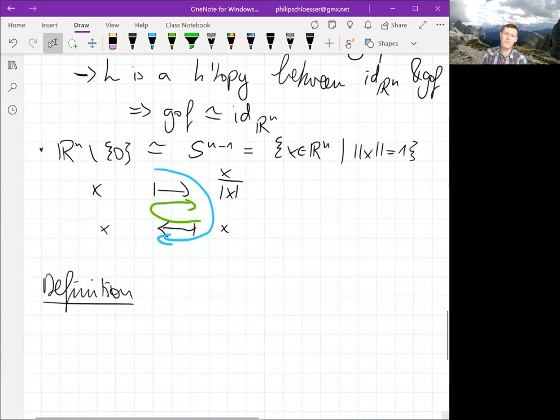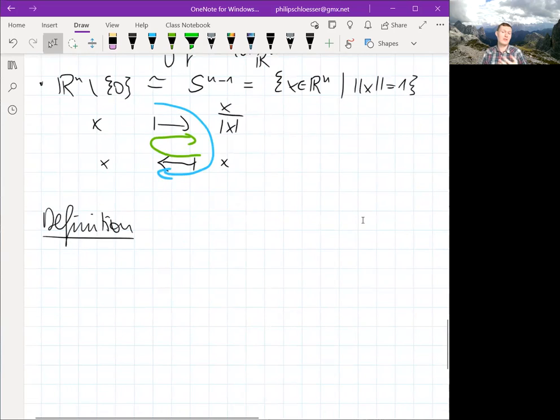Okay, now we are going to try and construct a couple of invariants. And the first one is relatively straightforward. So yeah, let X be a topological space.